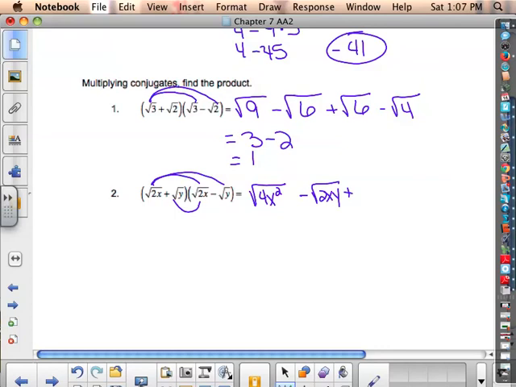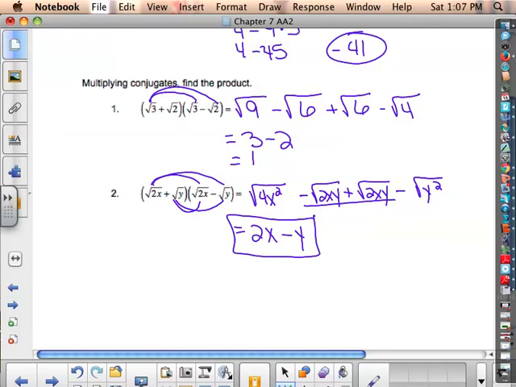Inner is going to give you plus the square root of 2xy. And last is going to give you minus the square root of y squared. 4x squared is a perfect square, gives me 2x. Middle terms cancel. Y squared is also a perfect square, so minus y. And then that is the solution to that problem.